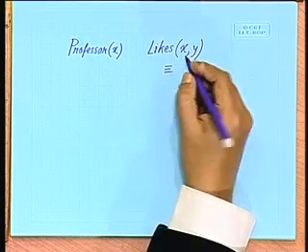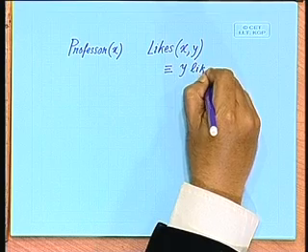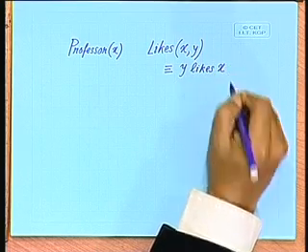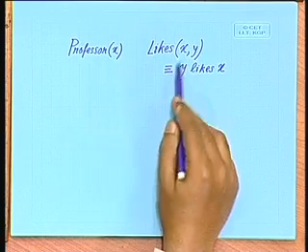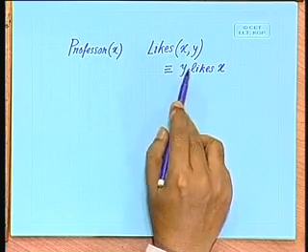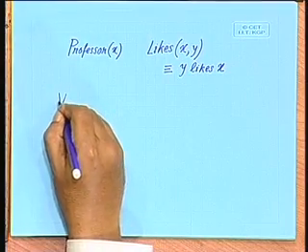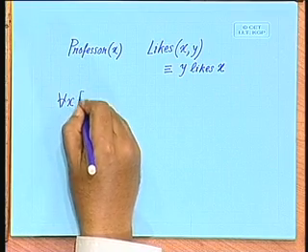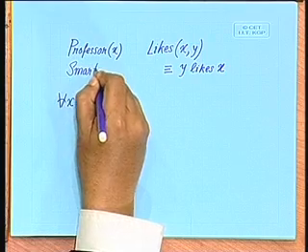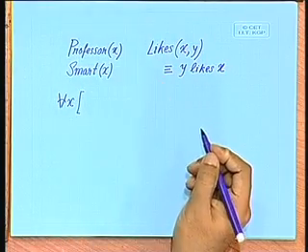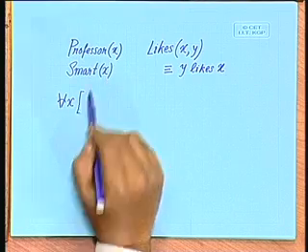This says that y likes x, it could be x likes y also. So, you have to specify what is the semantics of your predicate. Then for all x, we will need also a predicate called smart of x, which says x is smart. Professor x says x is a professor, smart x says x is smart, right.